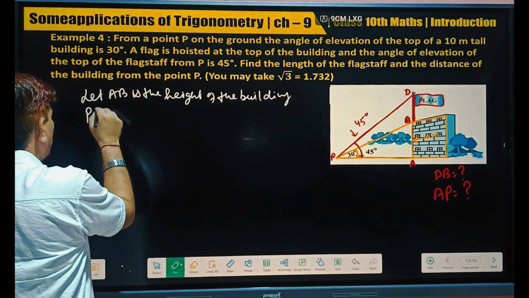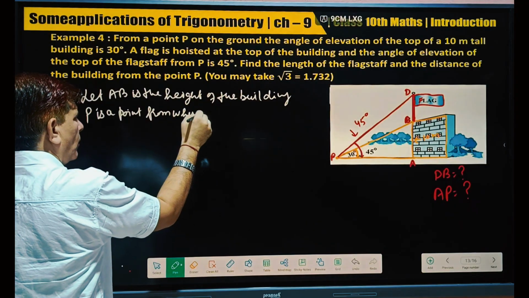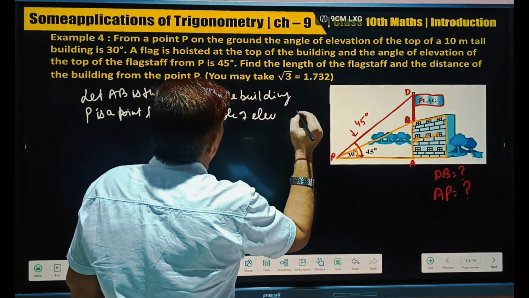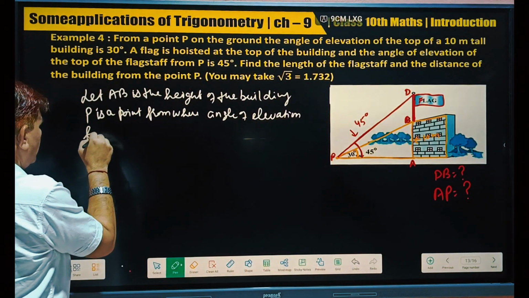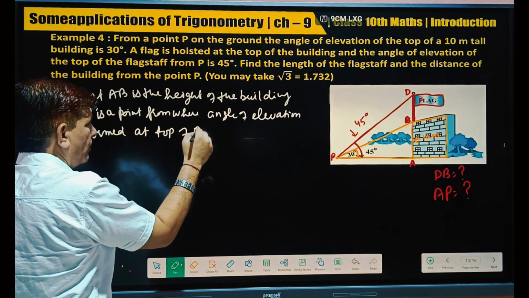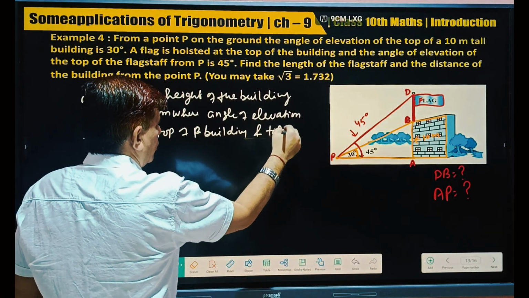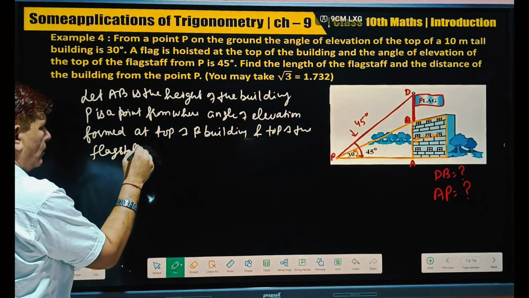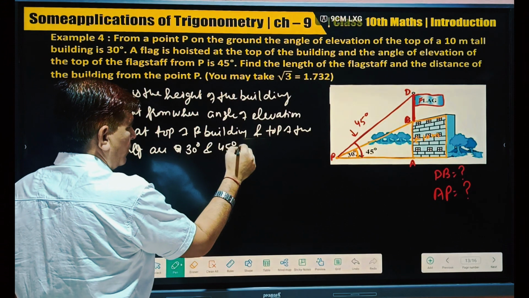P is a point from where angles of elevation formed at top of building and top of flagstaff are 30 degree and 45 degree respectively.